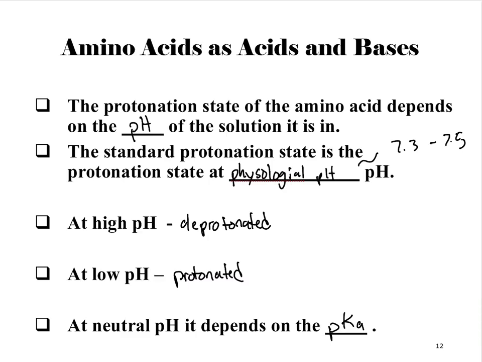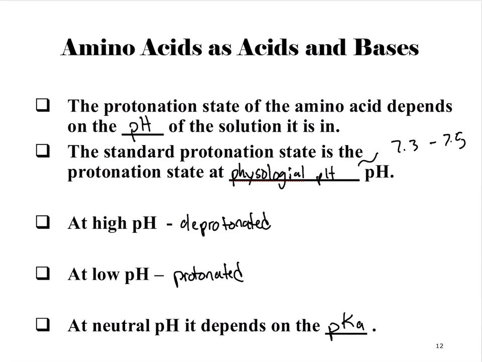We discussed this a little bit before we moved on. And then the standard protonation state of the amino acid just depends on physiological pH. It's about 7.3 to 7.5 in the body, right? So that's because at that pH, that's where your actual amino acids are going to be existing most of the time.